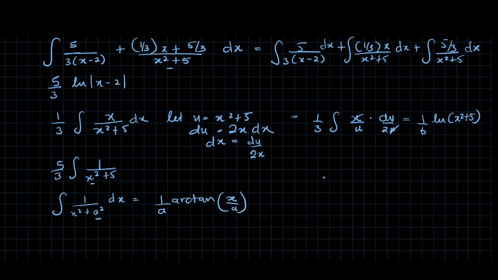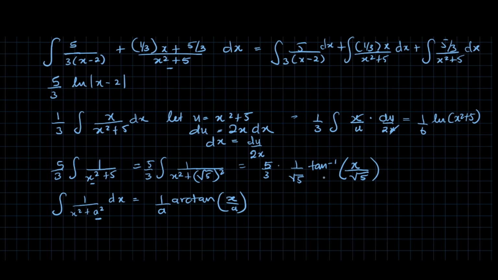So let's put it in this kind of form: 1 over x squared plus root 5 squared. So the final form will be 5 over 3 times 1 over a, in this case root 5, times arctan of x over root 5. This will be your answer.